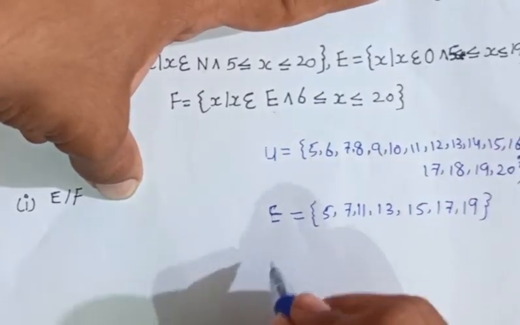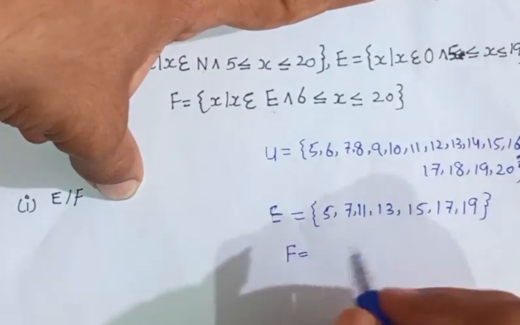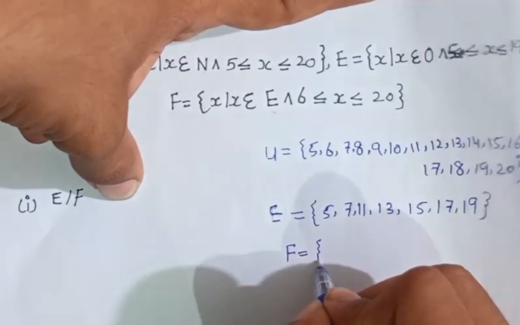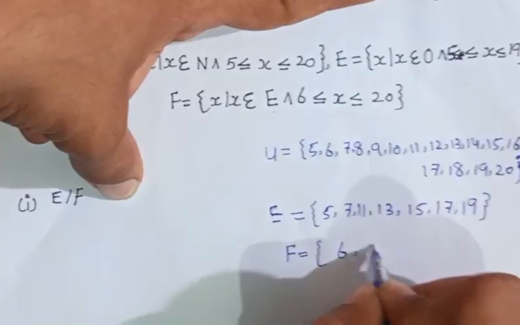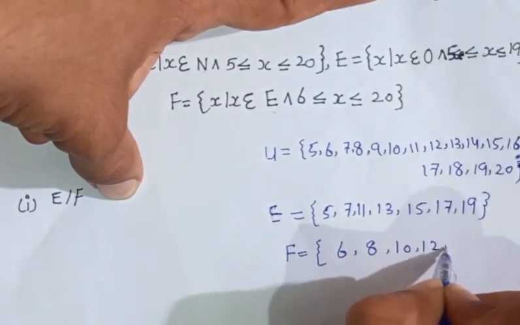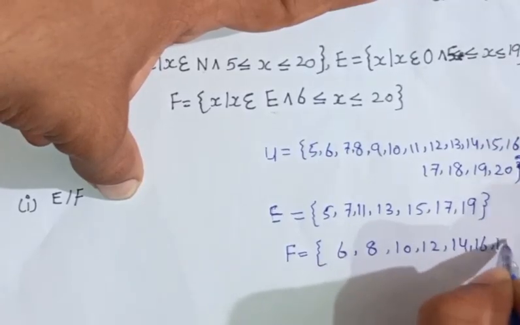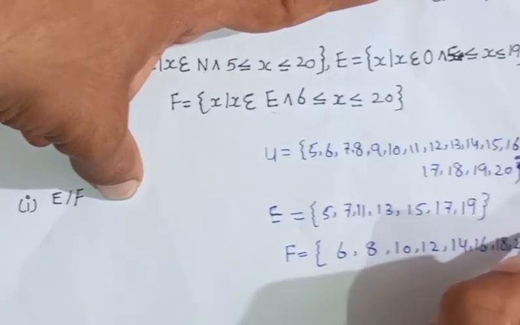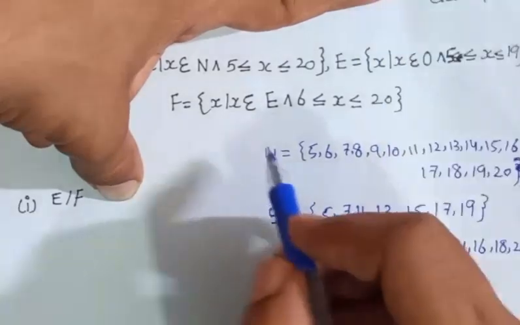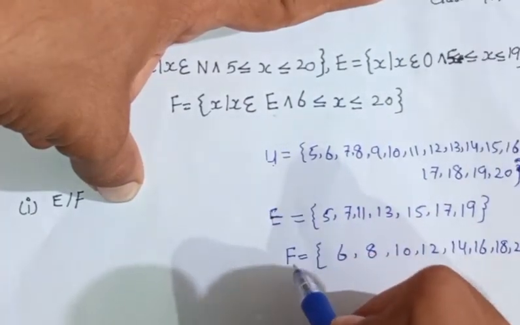Now I will write the set of even numbers, starting from 6 to 20: 6, 8, 10, 12, 14, 16, 18 and 20. This is set U, the universal set, set E, and set F.